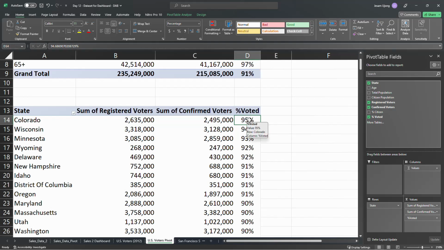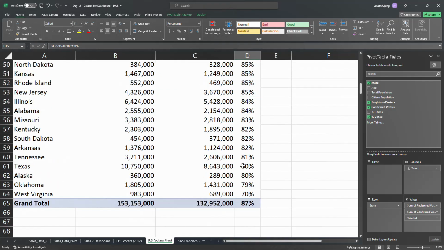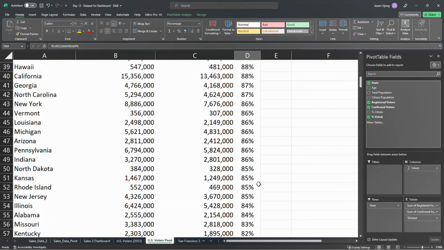So we had 95% and all that. And we could also see the lowest, West Virginia. We could see the percentage of voters.